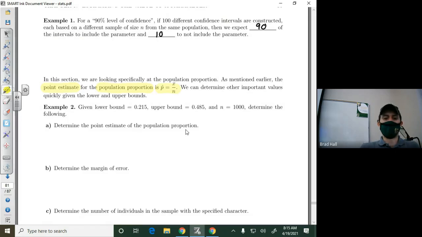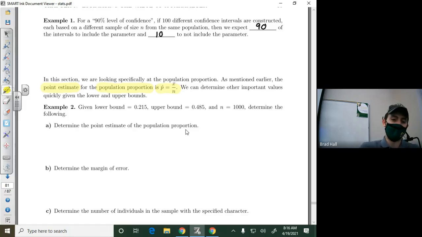So in example 2, they give us the lower bound and the upper bound. This characterizes the confidence interval. They're also telling us that they found 1,000 samples. So let's go ahead and determine some of these other values based off of those.